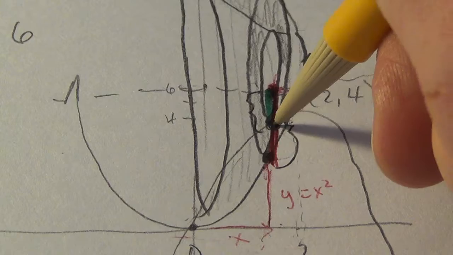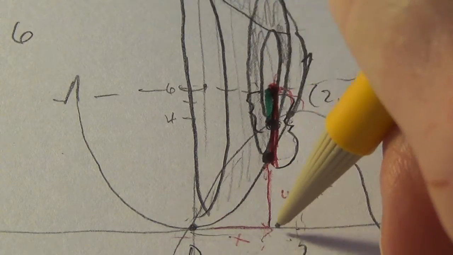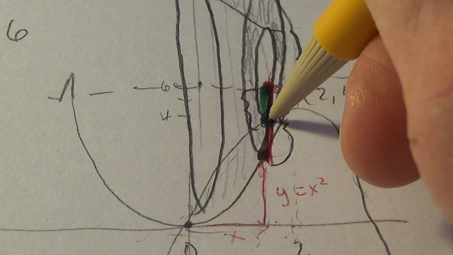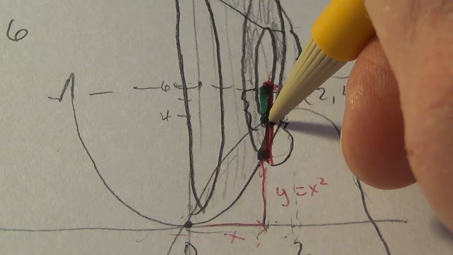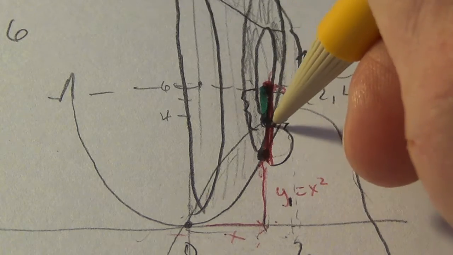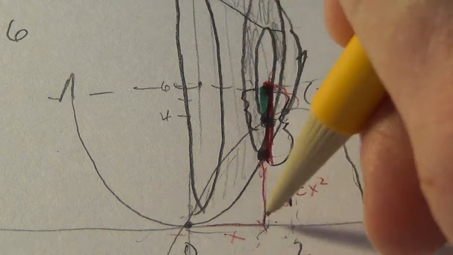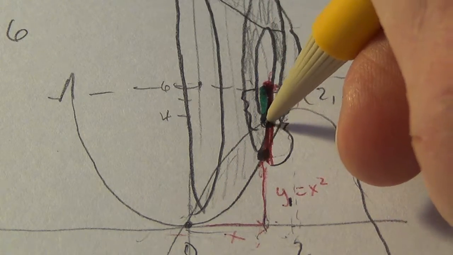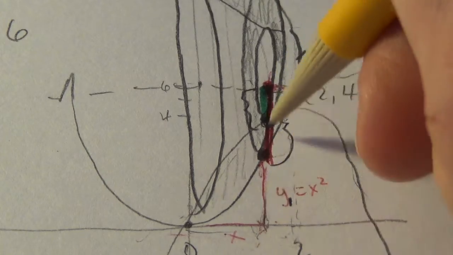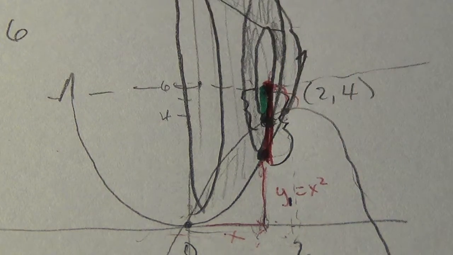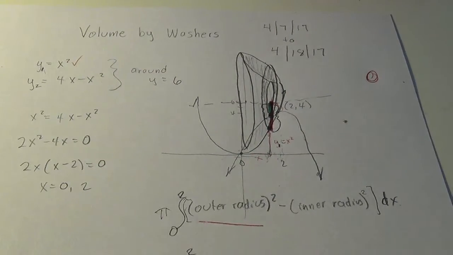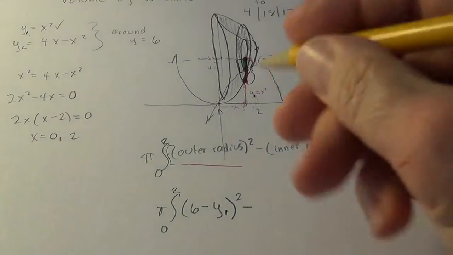It's kind of disappeared in the morass, but I went over x and up y on this function. So that value is y. We called it y sub 2. So if I call this y sub 1, this will be y sub 2. So I went over x up y sub 2. So this value is y sub 2. This value is 6, and I want the green value. So I think you can see now that it's going to be 6 minus y sub 2.